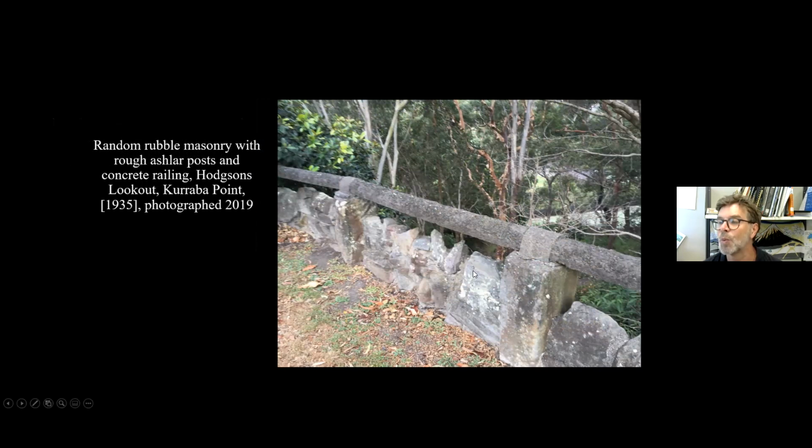The fashion still was for the natural look, that arts and crafts natural look, and so they cast the concrete very roughly so it looked like stone, and they put chunks of stone in cement to make these barriers. You'll see that all over North Sydney.